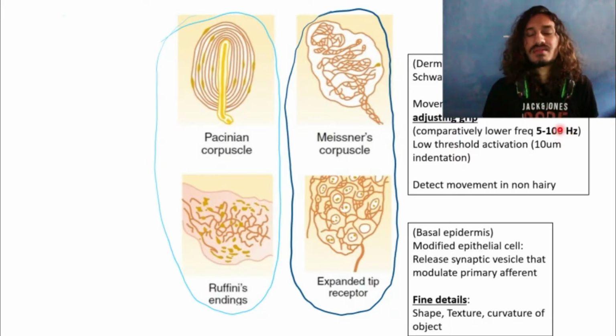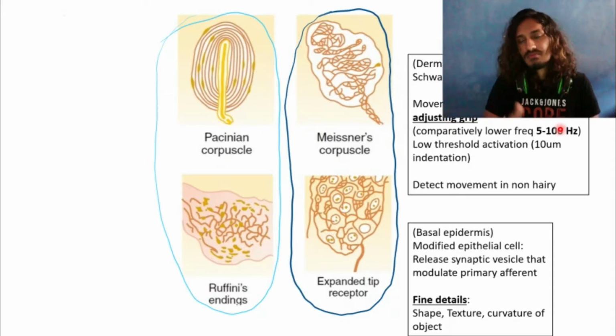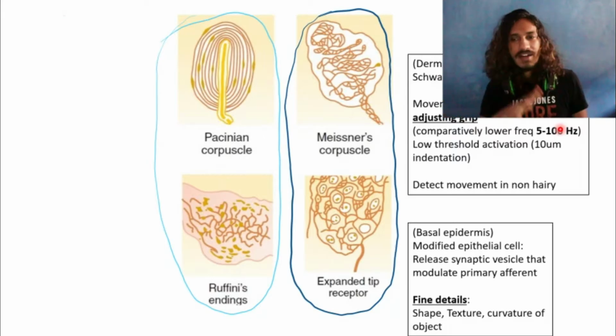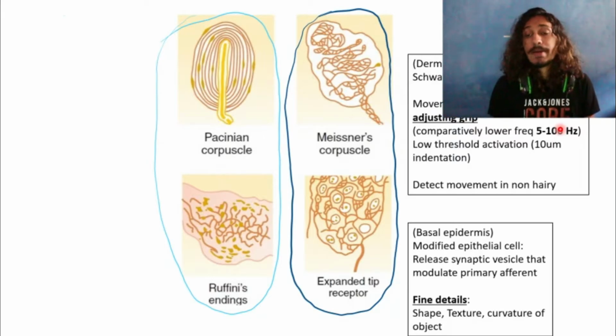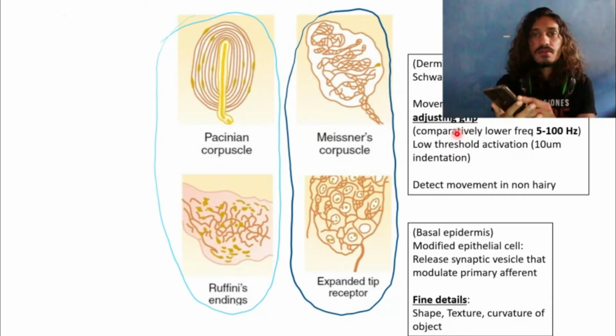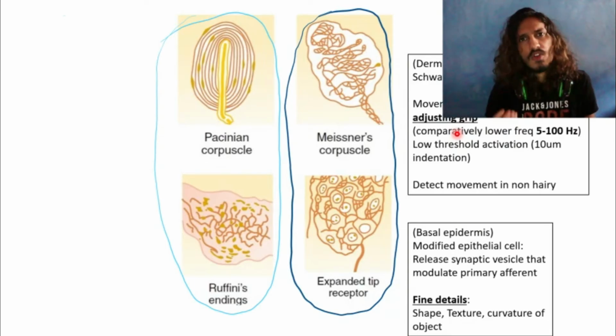This is just a range. Actually, the more average value will be much narrower, around 30 to 50 hertz. But when you widen it out, it comes to 5 to 100 hertz.